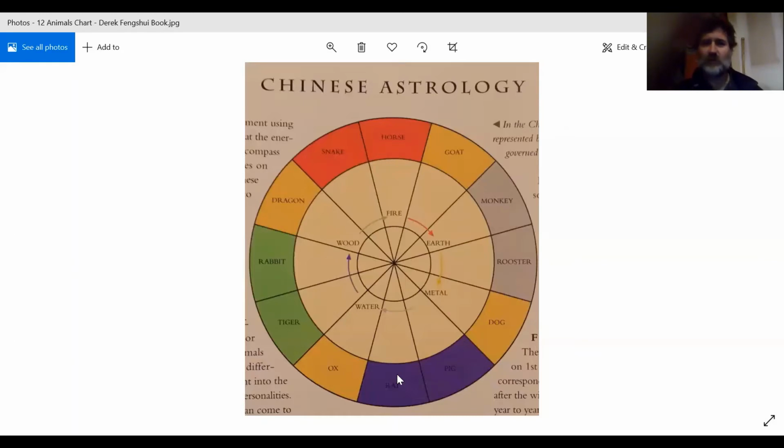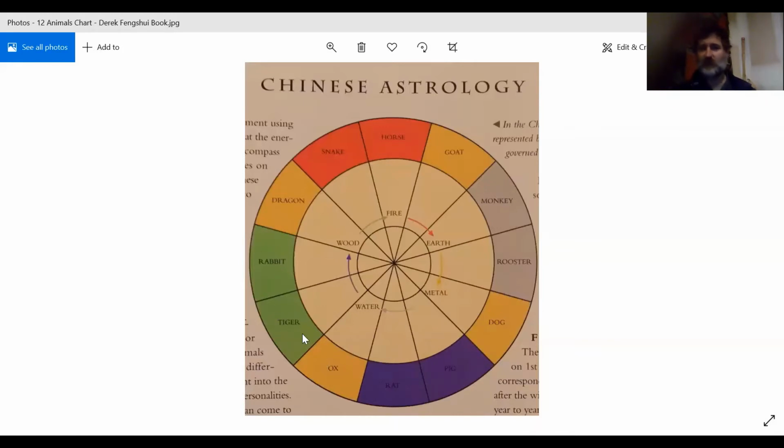So I want to look at the native positions of the 5 elemental chi phases here. So this is shown in purple right now. This should be blue or dark blue. So rat and pig, the native is in the north. So we've got water down below.